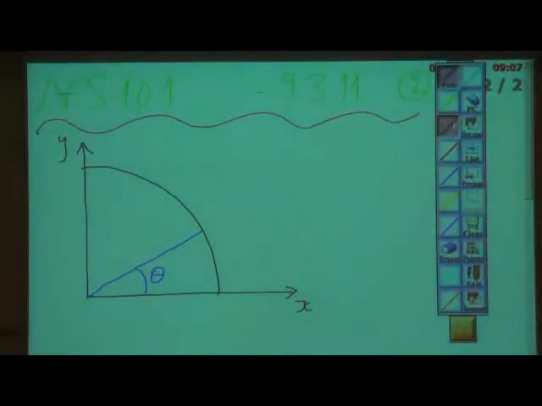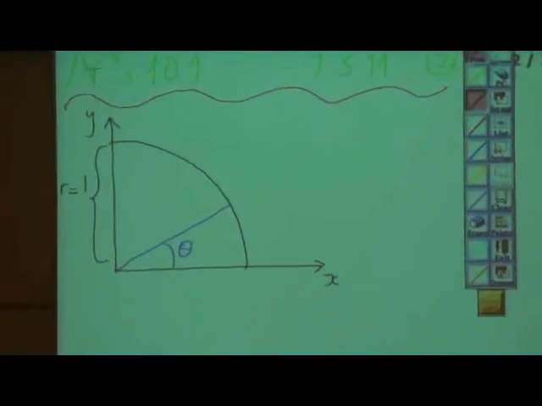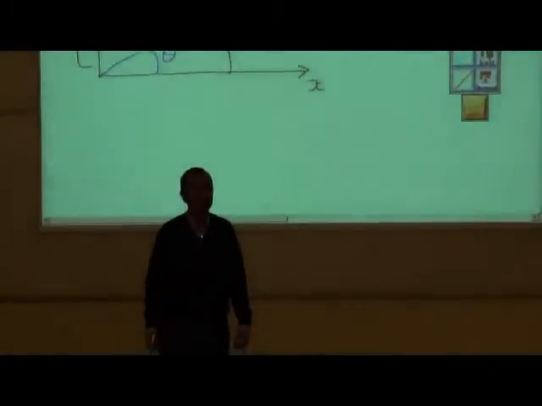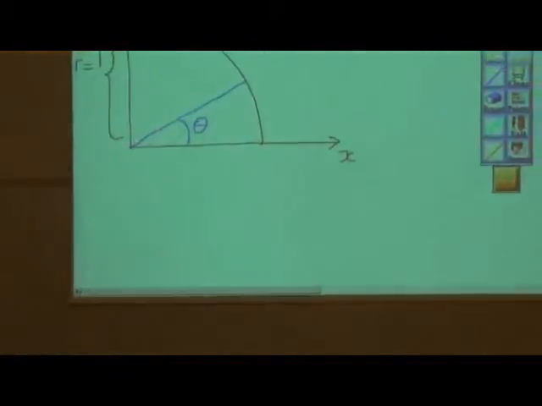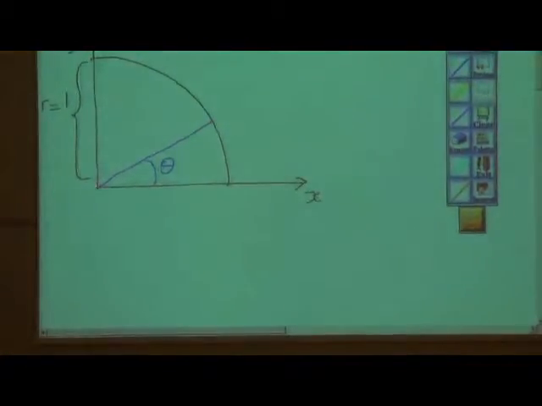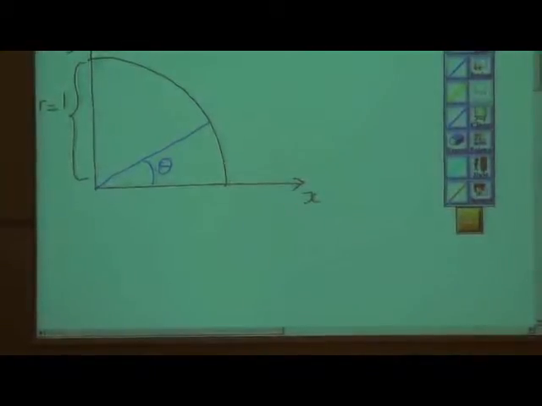And let me choose this length, the radius of my circle, R equals 1. Why? To make life easy. Okay? So I don't have any R's around. R is not relevant.